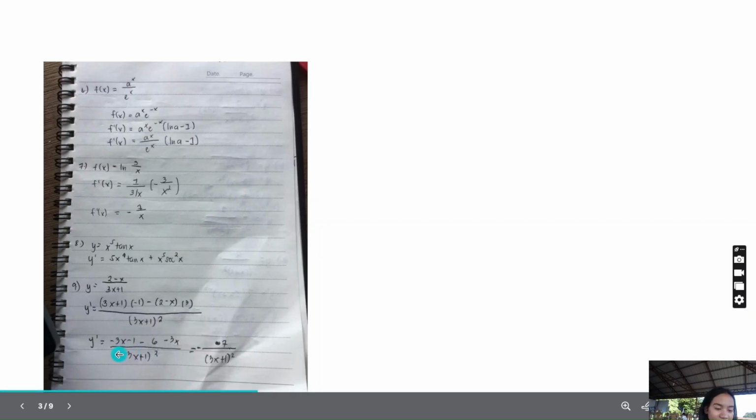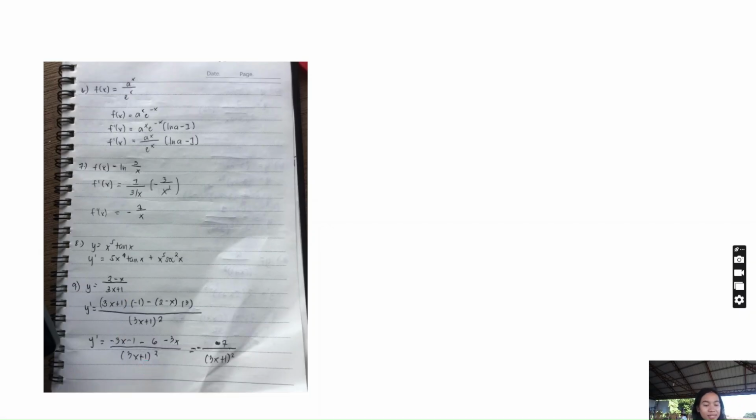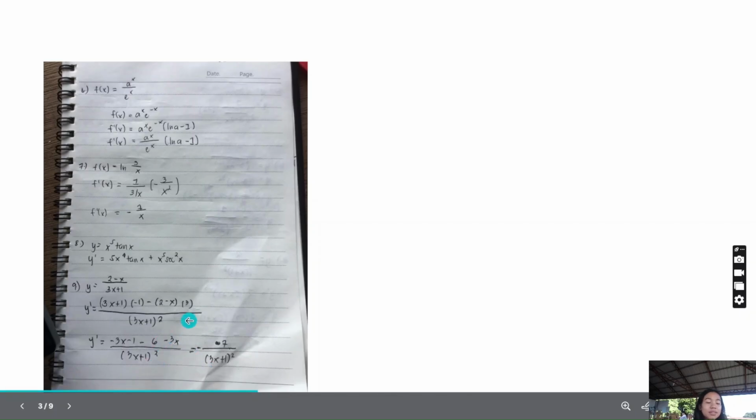And since this is actually enclosed by a parenthesis, negative times negative 3x would be positive 3x, and then subtracted by 3x, that would be 0. So therefore, we have remaining constants, which are negative 1 and negative 6, and then negative 1 minus 6 would be negative 7, and then we will just copy the denominator, which is 3x plus 1 to the power of 2. Since we have a negative constant from the numerator, our answer would be negative 7 all over 3x plus 1 squared.